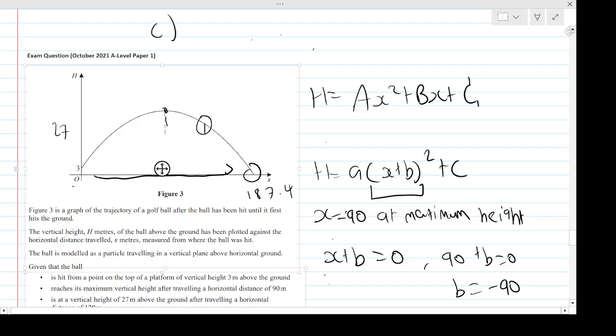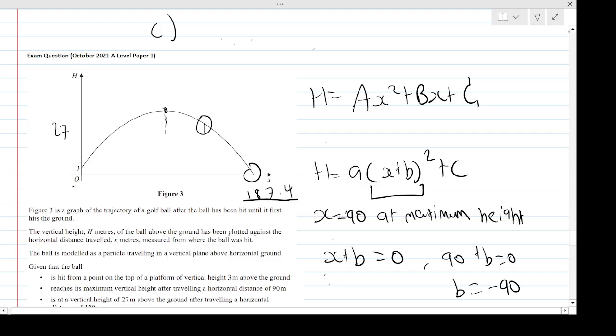Say, for example, it could be like a little hill, so you throw it here, and then there's a little hill, and the floor is there, rather than being perfectly flat like this. So it could affect where the ball hits the ground. It might not be 187.4 if the horizontal floor was perfectly flat. That's not reality. Ground is not perfectly flat.